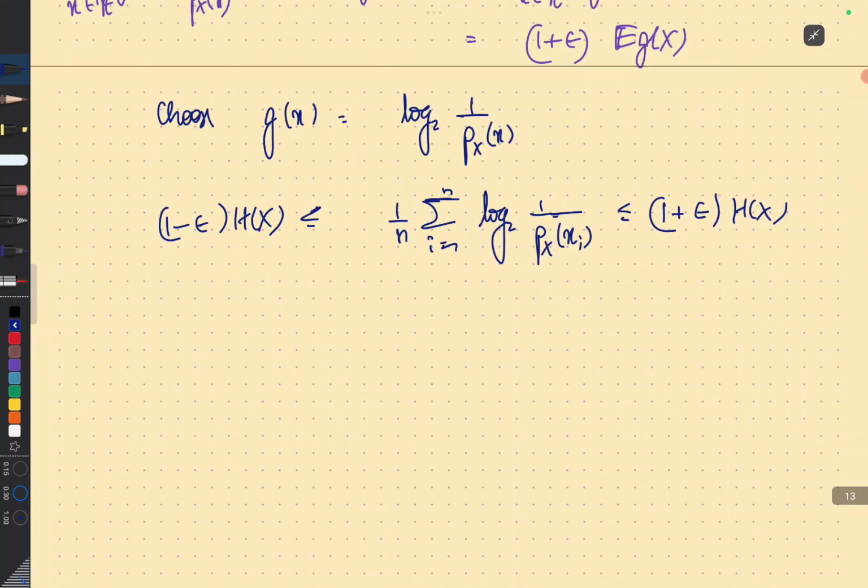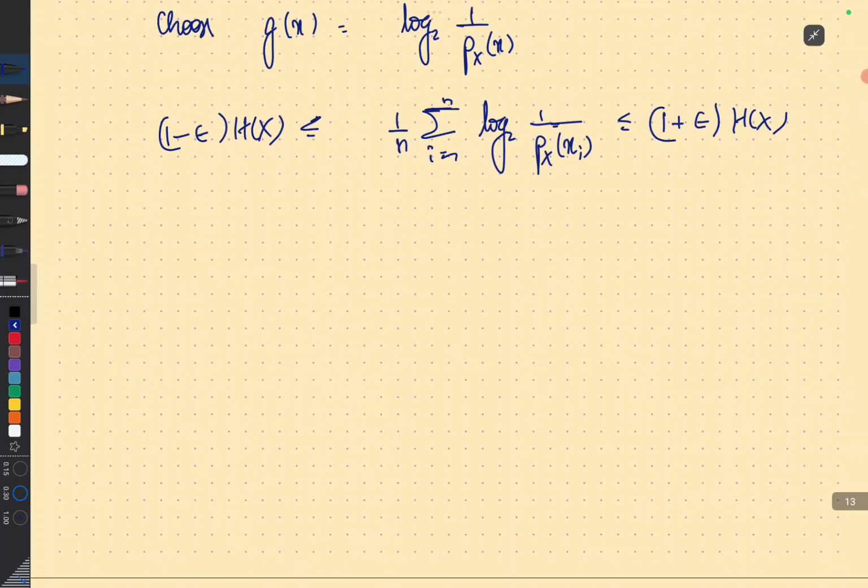Okay, but that's not what is remarkable. Let's look at the quantity in between. I have 1 over n summation i equal to 1 to n log 1 over px of xi, which is 1 over n log 1 over the product i equal to 1 to n px of xi.